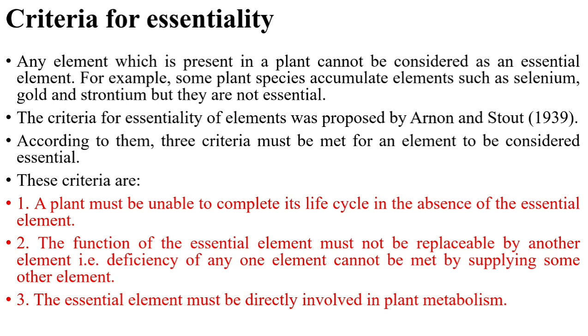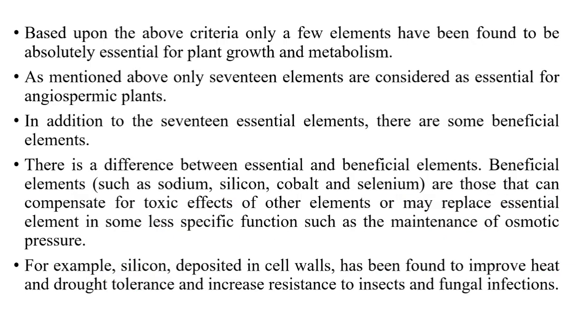The essential element must be directly involved in the plant metabolism. What is metabolism? Different types of chemical reactions that occur inside the plant body, which include anabolism and catabolism. So that element must be involved in that metabolic pathway. And these criteria were proposed by Arnon and Stout in 1939.